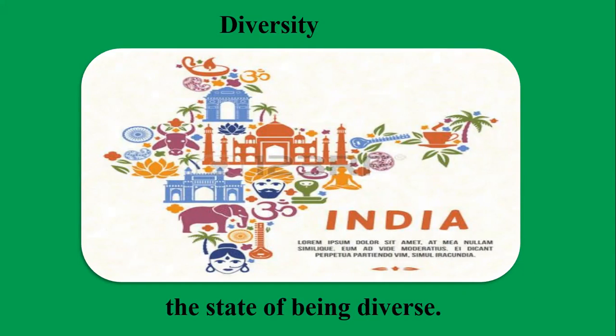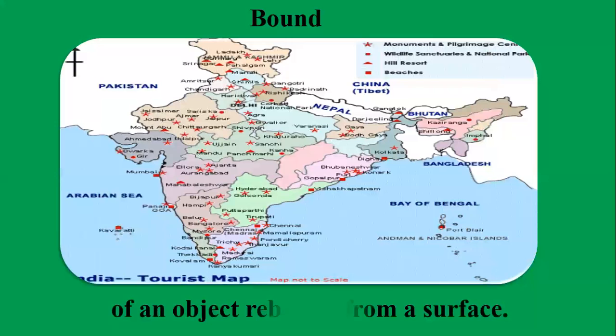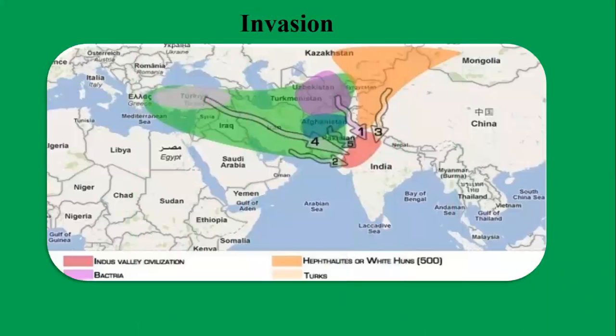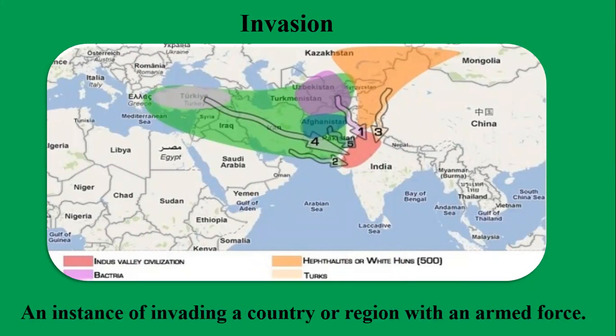New word: diversity means the state of being diverse. Here is another new word: bound means to rebound from a surface. Another new word: invasion means an instance of invading a country or region with an armed force.